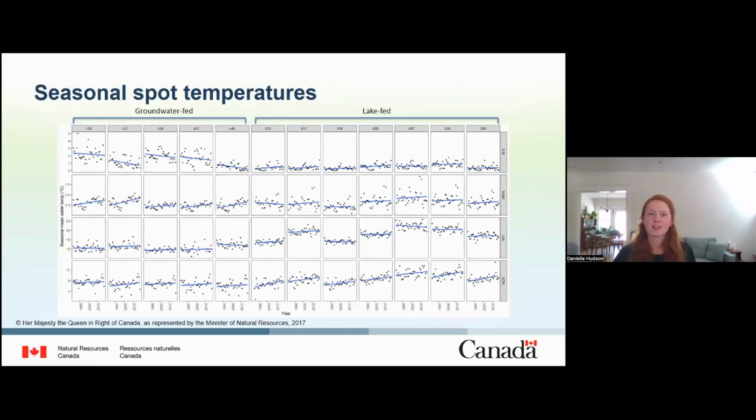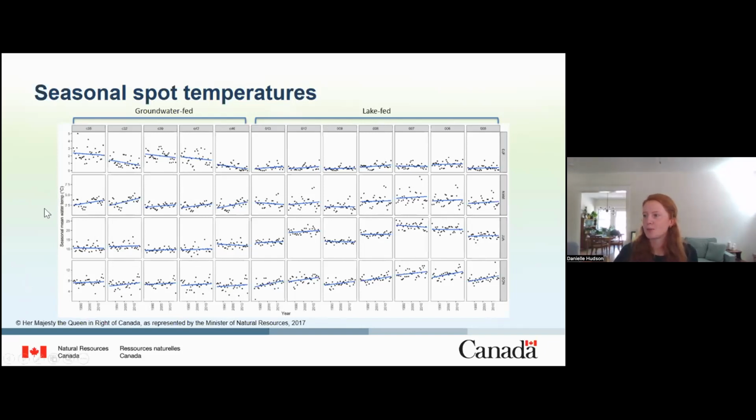So I know there's a lot to look at in this slide, and you don't really have to take it all in, but the first 5 plots here are the groundwater fed streams, the right are lake fed, and these are our seasonal means for each year for each site. So the thing I want you to take away from this figure is that there's some variability. Sometimes in some of these panels, the slopes are decreasing and sometimes they're increasing.